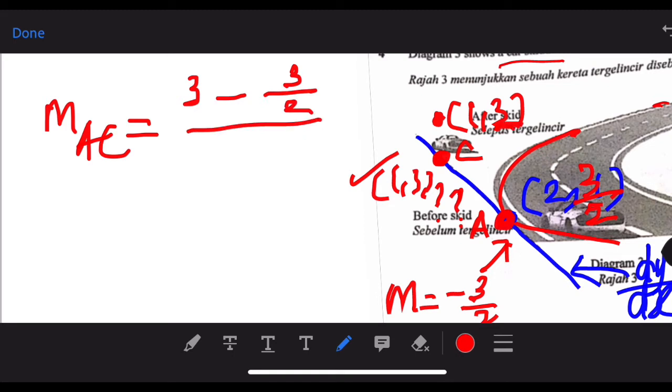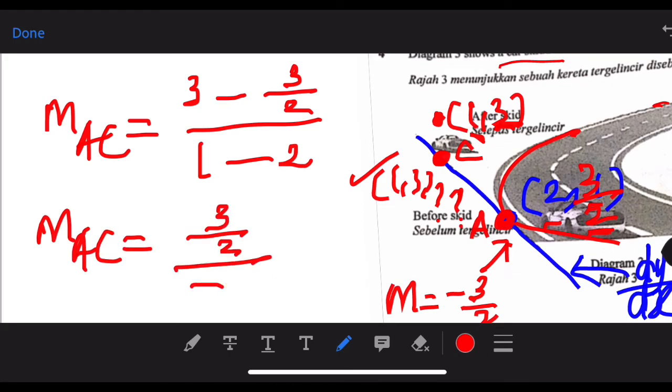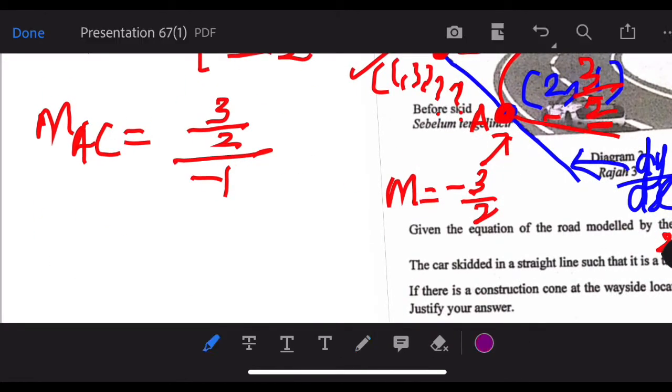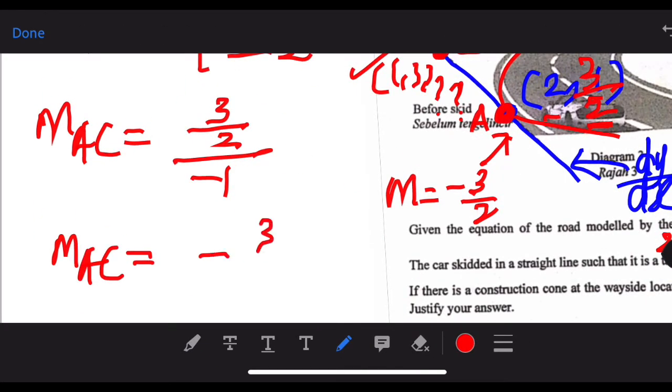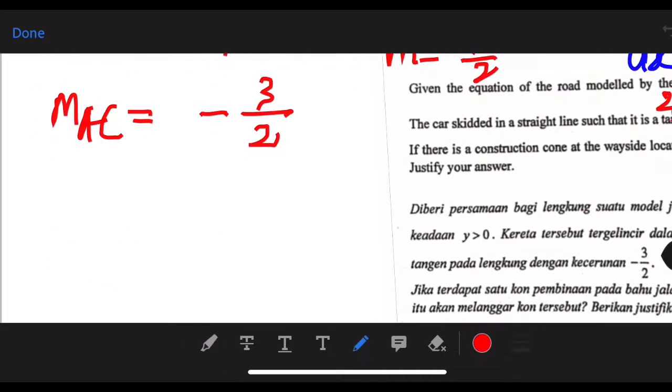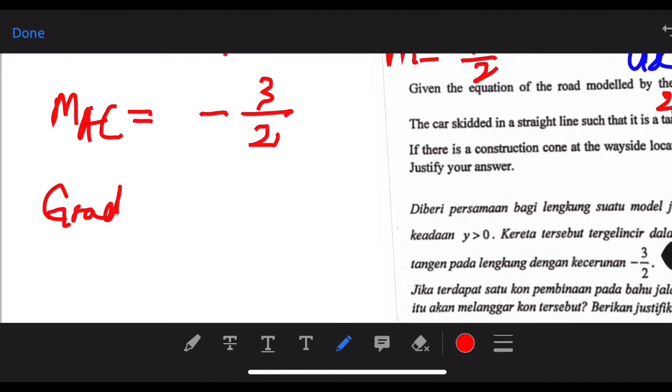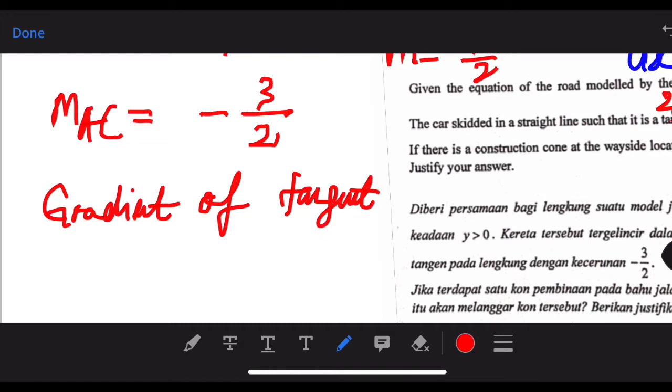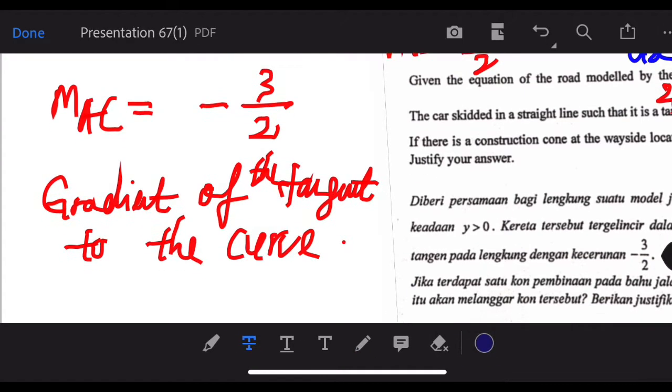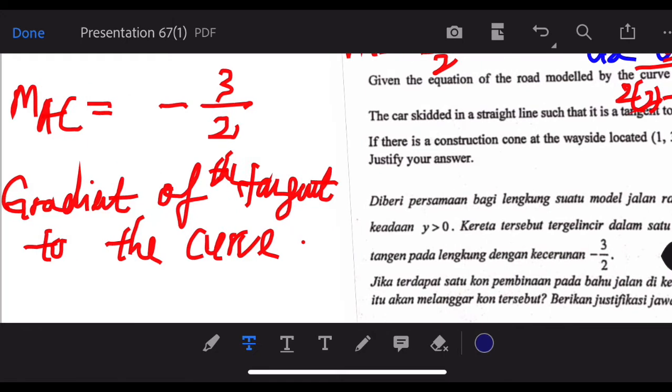So y2 is 3, y1 is 3/2, x1 is 1, x2 is 2. So the gradient of line AC is 3/2 over -1. So it means that I'm getting the gradient is -3/2, and this gradient is equal to the gradient of the tangent to the curve. Hence we can say that the car actually will hit the cone.